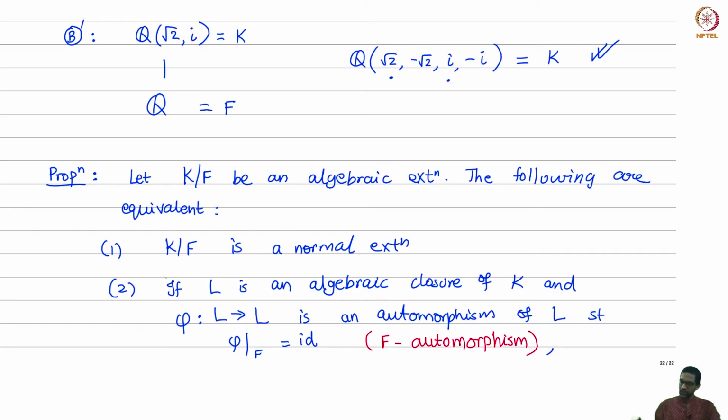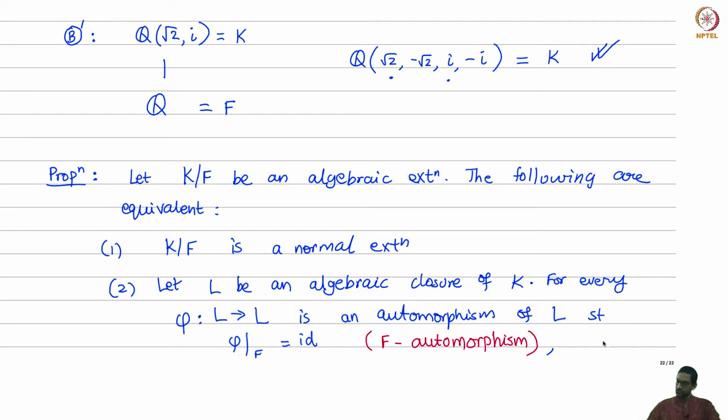Maybe I should rephrase it a little bit. Let L be an algebraic closure of k, then for every f automorphism of L, we have the following fact, that phi of k equals k.